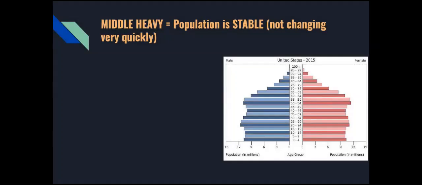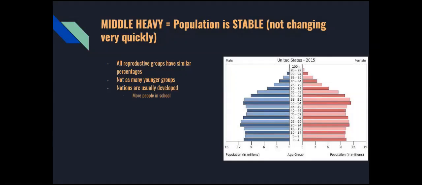A population pyramid that's middle heavy is something that's stable. So all the demographics are pretty much the same. They're pretty evenly spread out. Not as many people in the younger groups. These countries are going to be developed, and their population is not going to grow as quickly. And this is mostly because of a number of factors like more people in school, especially women.